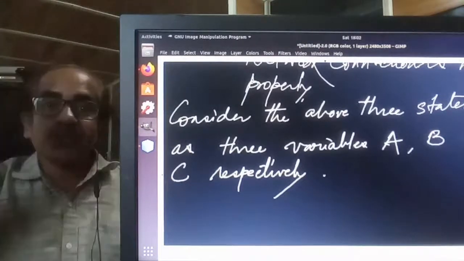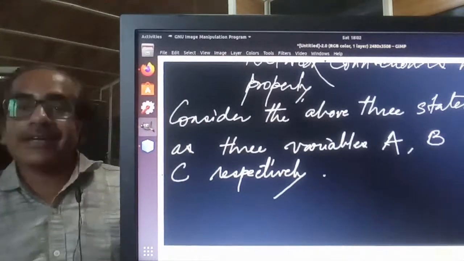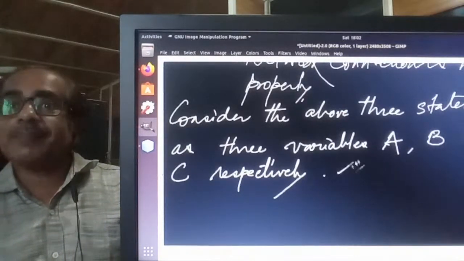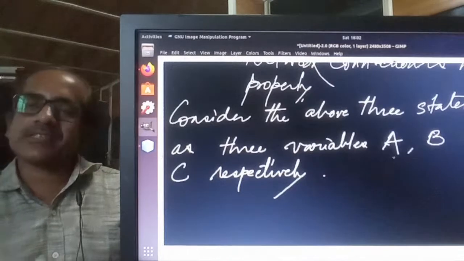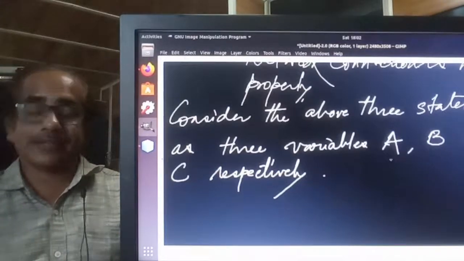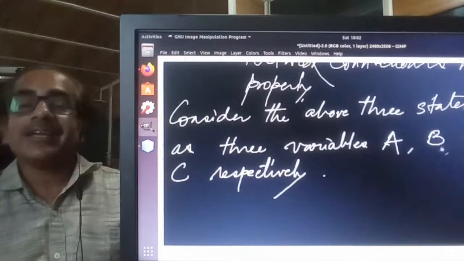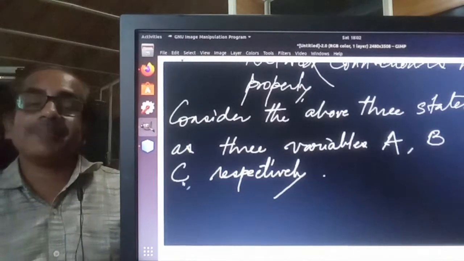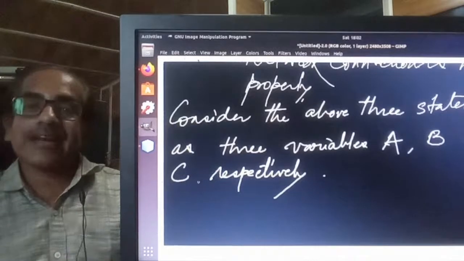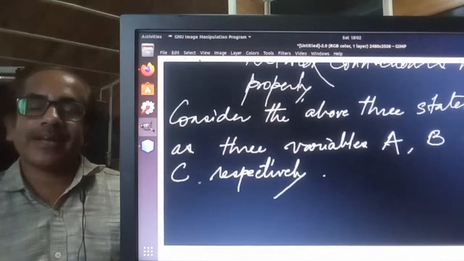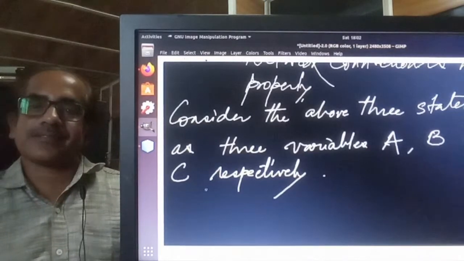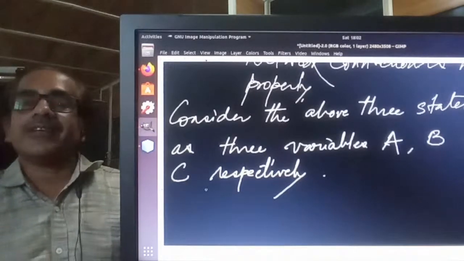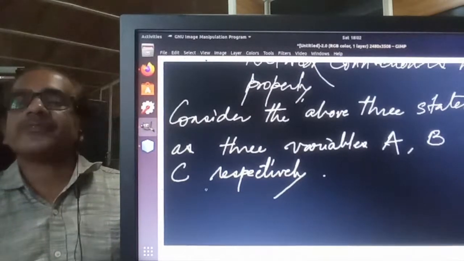So as I told, variable A is Manish Mishra is teaching computers, teaching Java in class 8. Variable B is telling it is Saturday. Variable C is telling network connection is working properly. And on that basis, just establish or just investigate the dependence of the variables.